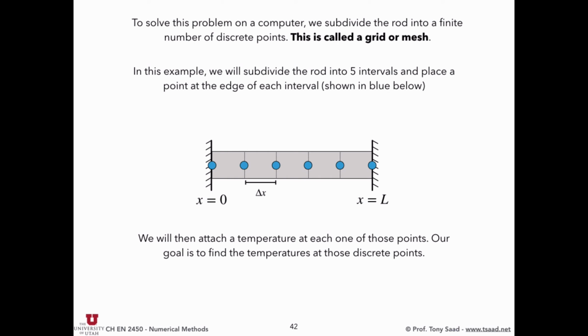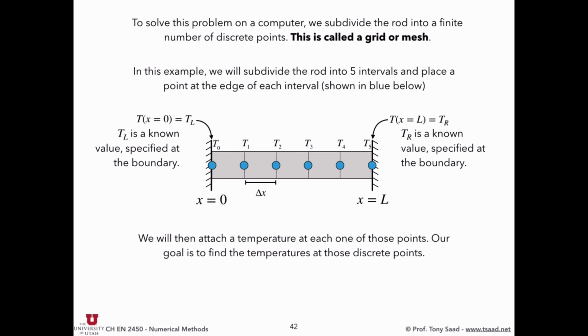And that value, we don't know what it is, right? But I'm going to give it a name. I'm going to call those T0, T1, T2, T3, T4, T5. Don't call them TA, TB, TC, TD, TE. You're going to run out of letters, right? Because we're going to solve this for 1,000 points, okay? The more points we subdivide the rod into, the better our approximation is going to be, okay? Do you agree so far?